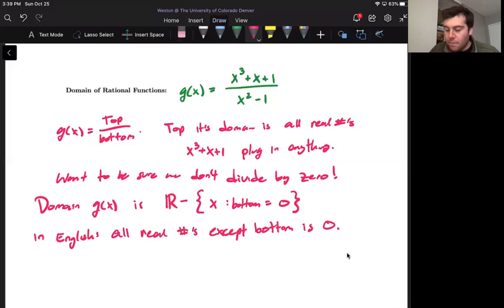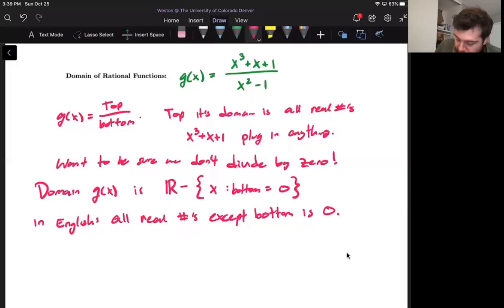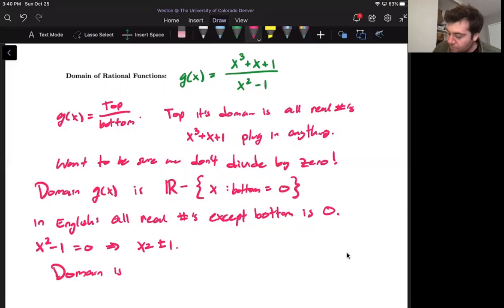So for this function above, the bottom part is x squared minus 1. So we'll ask where that equals 0. And that's pretty easy for us to solve right away and find that x equals plus or minus 1. So the domain is all real numbers minus plus or minus 1.